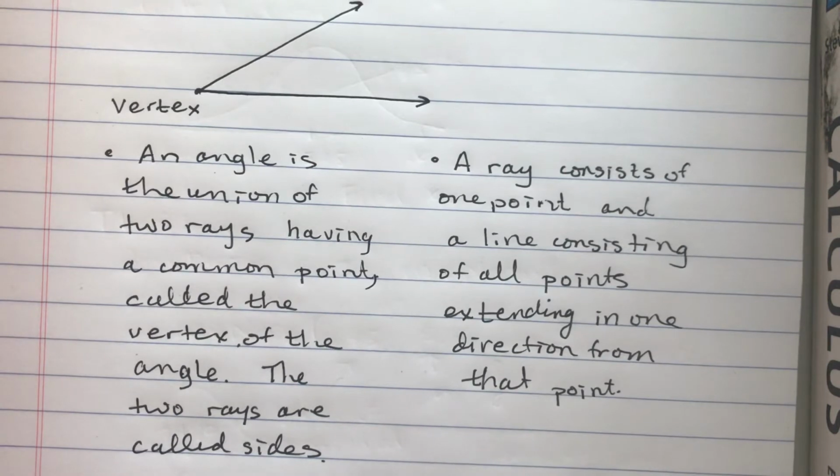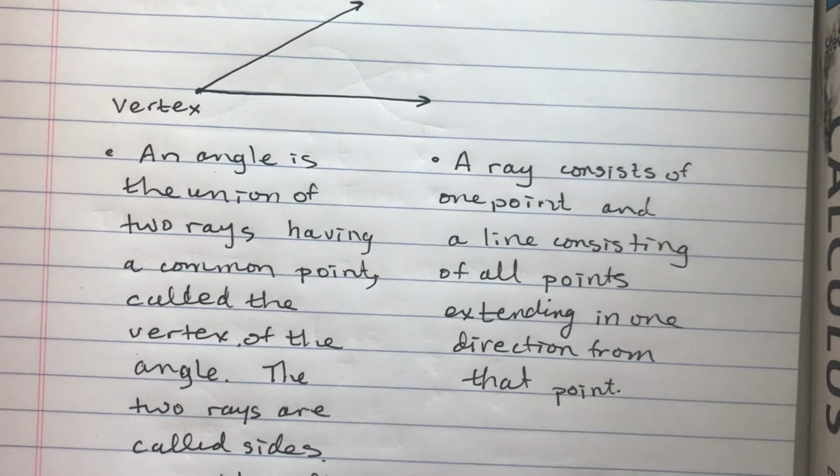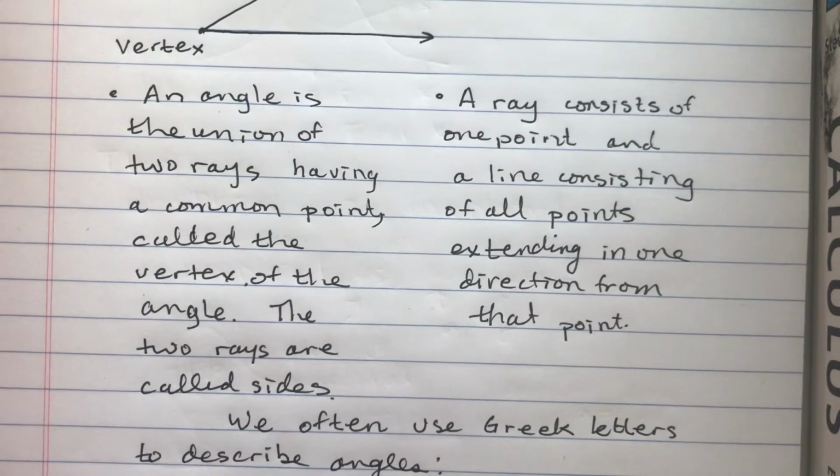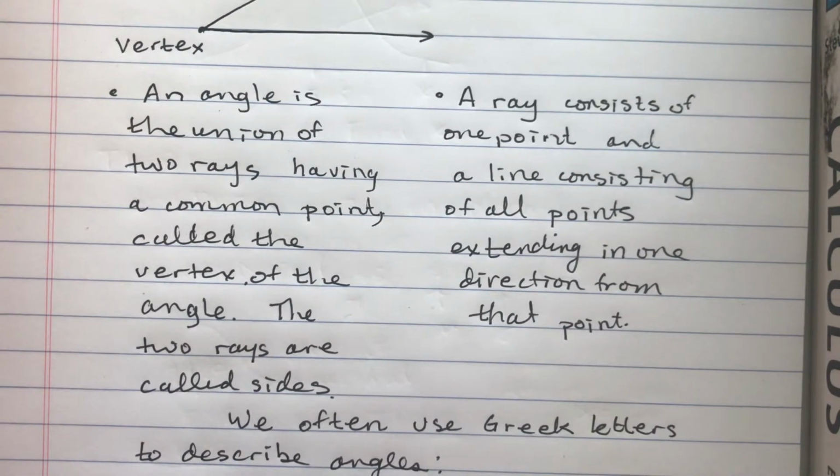All right. We use Greek letters to describe angles. Not all the time. And the letters we use would be this guy here, which is theta. These are lowercase for the most part.